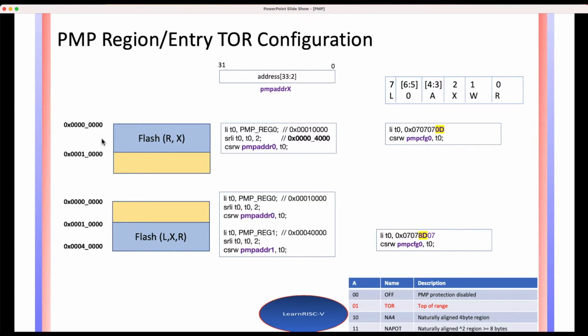So this address matching would apply to any address between 0 and the address mentioned in the region, if the 0th region, or the very first region, is configured as TOR.